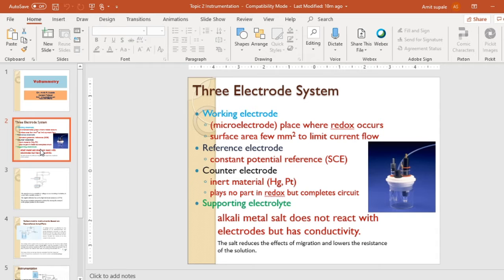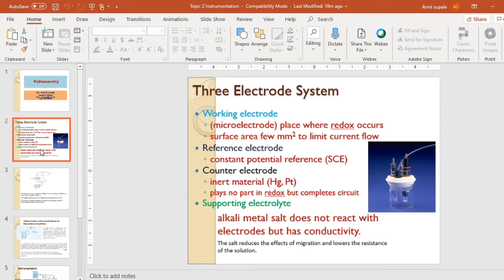Now considering the reference electrode, its role is to maintain a constant potential during the course of the experiment. Normally the saturated calomel electrode is a good reference electrode which is used. Another electrode is the counter electrode.